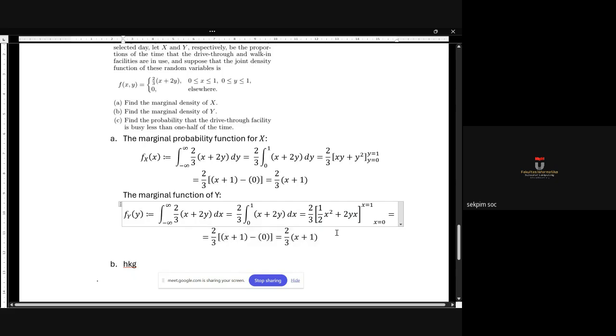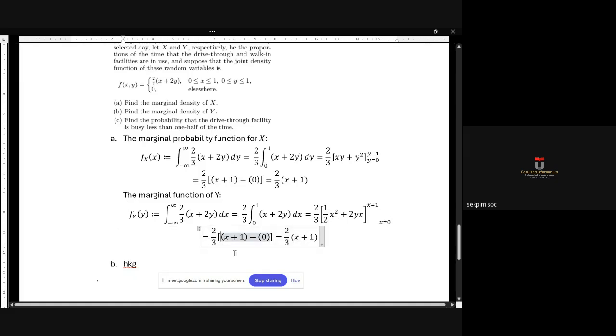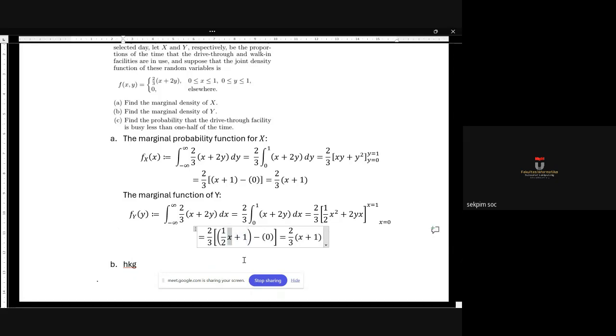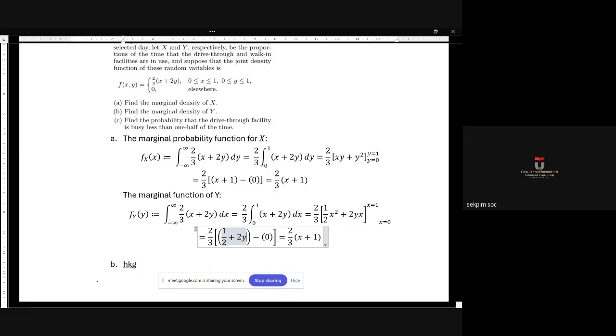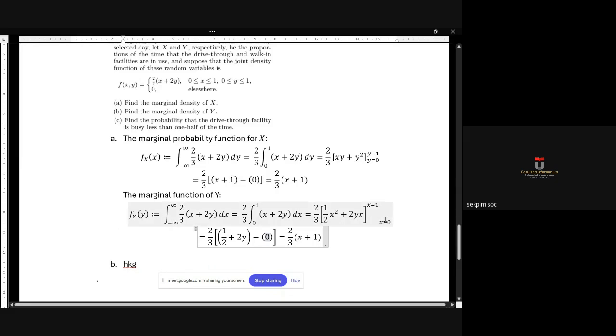And this equals this one, right? So substitute x to 1 and also 0, and you get half plus 2y, that's correct, right? And the antiderivative for x equal to 0 is 0, right?